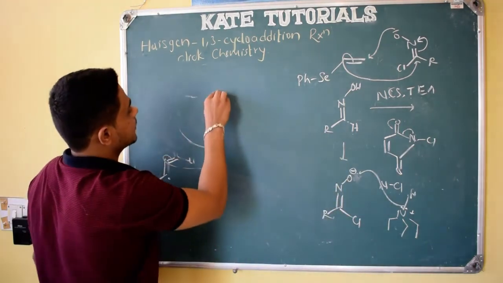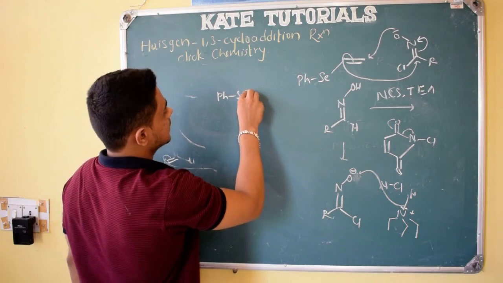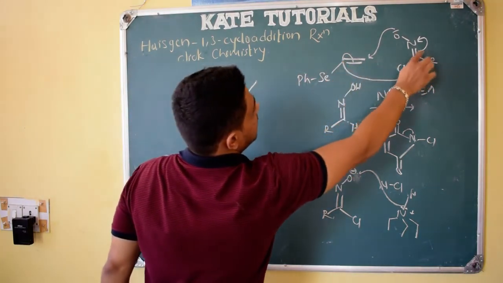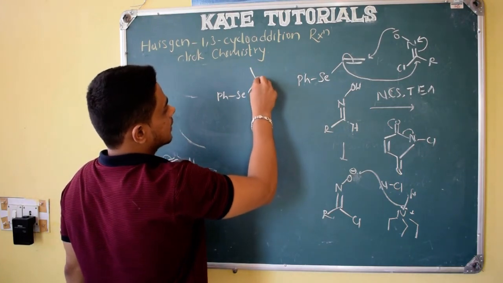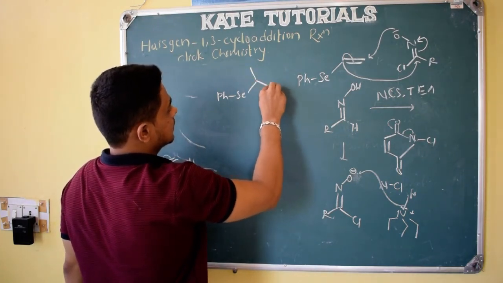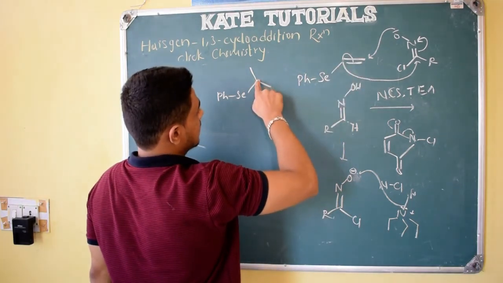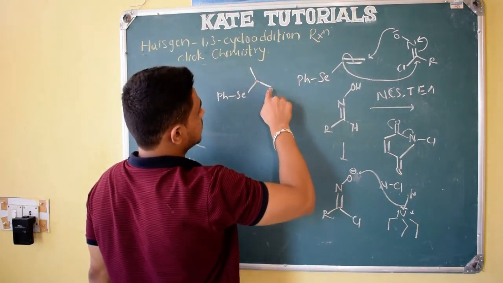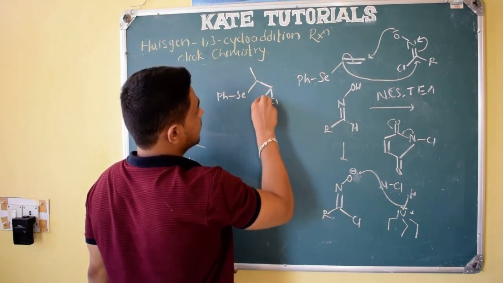So what happens? Ph, Se, see here, 1 2 3 4 5 membered ring it has formed. So let me draw 5 membered ring here, like this. From this carbon it has attached to carbon containing chlorine and R group, right?